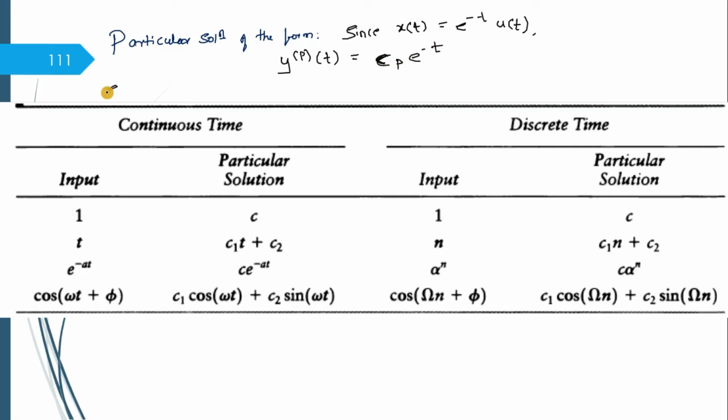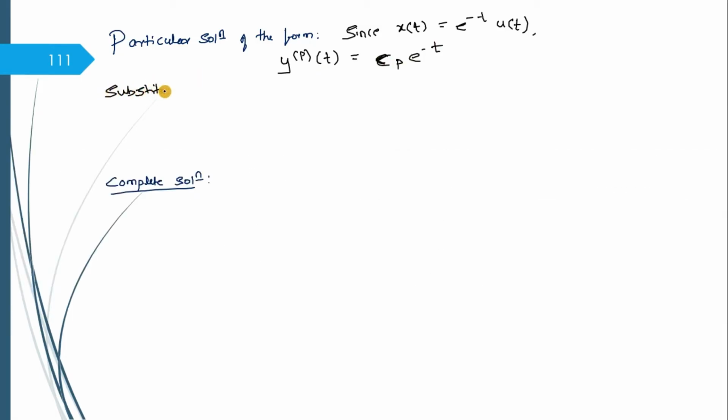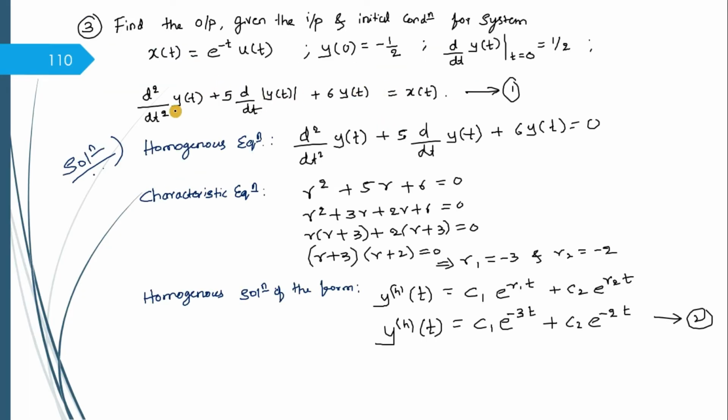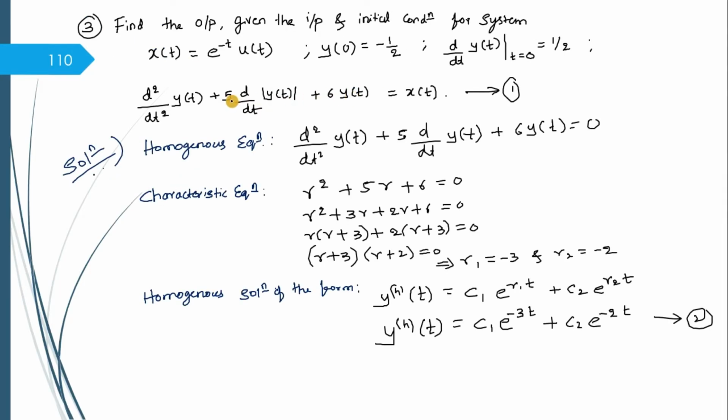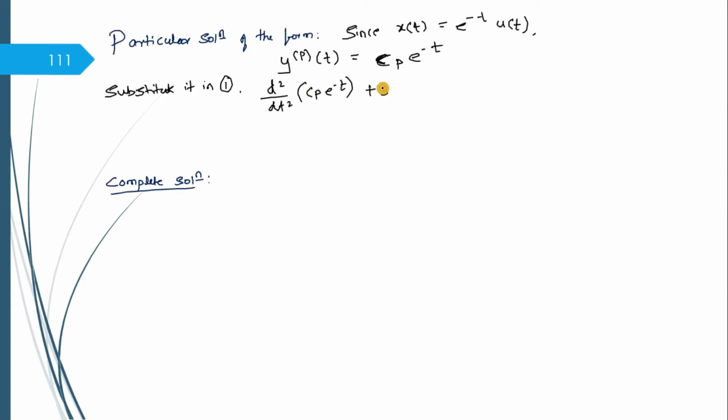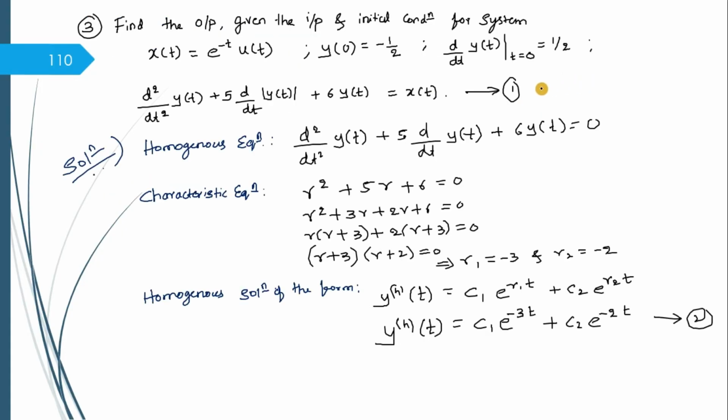Now we need to substitute it in equation 1. D square by dt square of cp e raised to minus t, plus 5 into d by dt of cp e raised to minus t, plus 6 into cp e raised to minus t, equal to x of t.